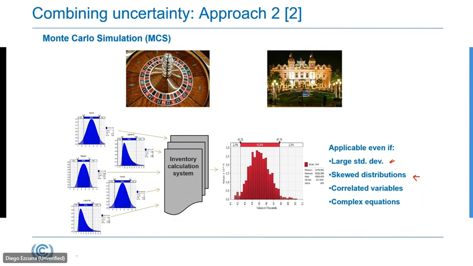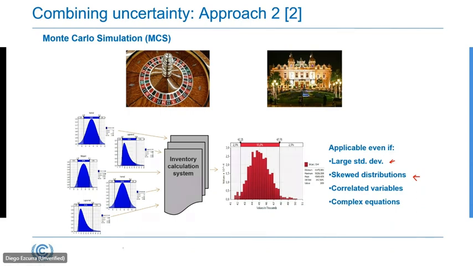So you may probably start imagining the level of effort that this simulation may require, because we need to define the probability density function for the input parameters, and we may have thousands of input parameters in a national GHG inventory.